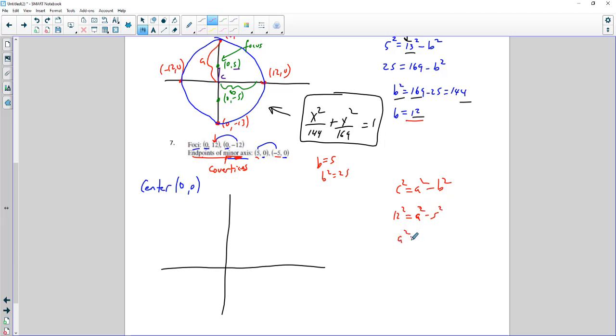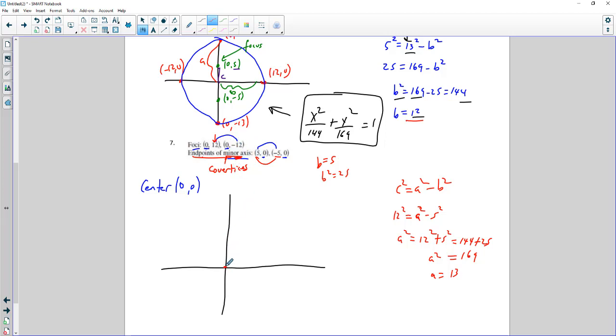So that means a squared is going to equal 12 squared plus 5 squared, which is 144 plus 25, which is 169. So a is going to equal 13, and that's going to be along the y-axis because the minors are changing the x, which means the majors will change the y from the center.